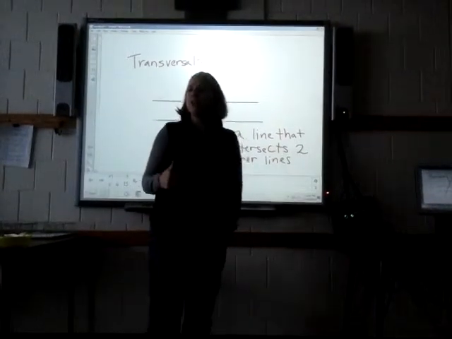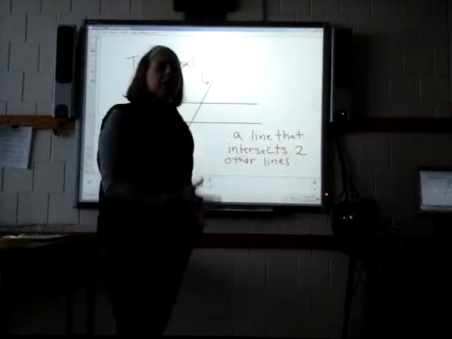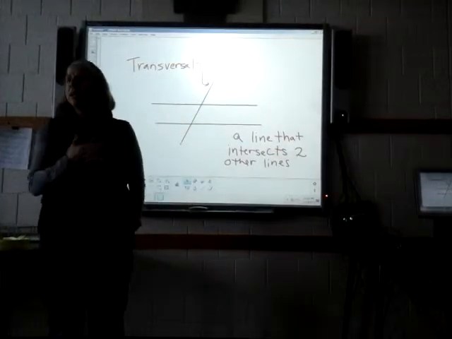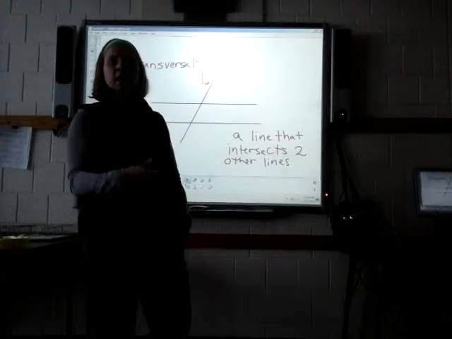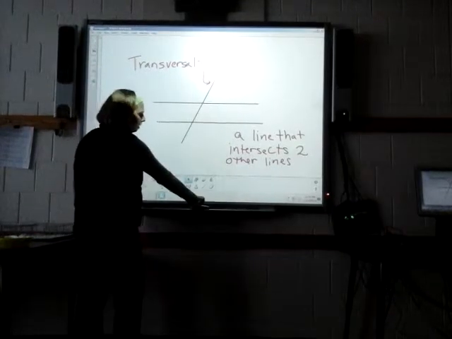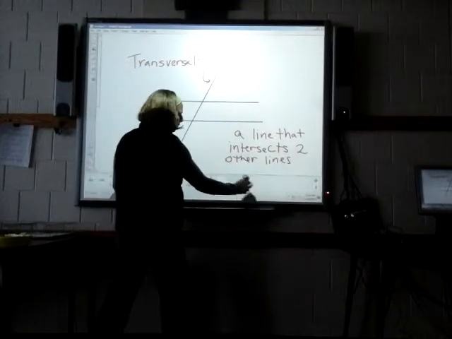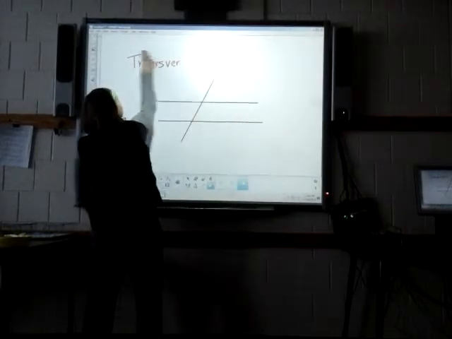Now, it's very important that you know when you have a transversal, because all of the relationships between angles exist when you have a transversal. When you have one line that's cutting through two other lines, it creates a whole set of relationships between angles. The first angle relationship we're going to talk about is called alternate exterior angles.